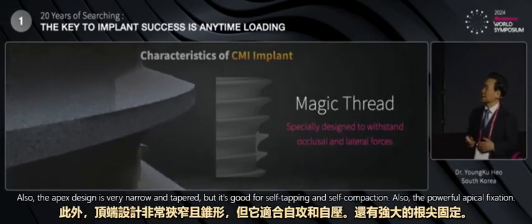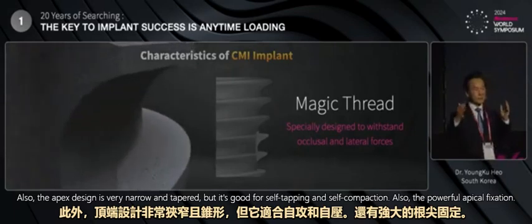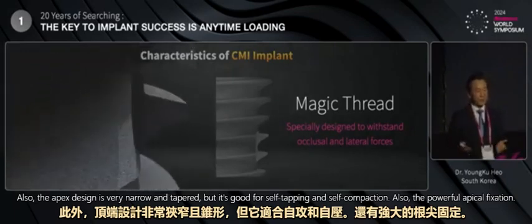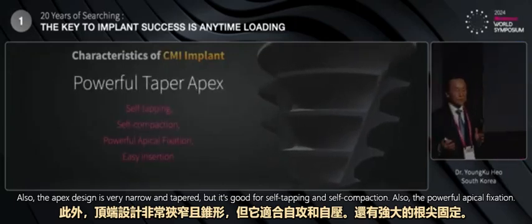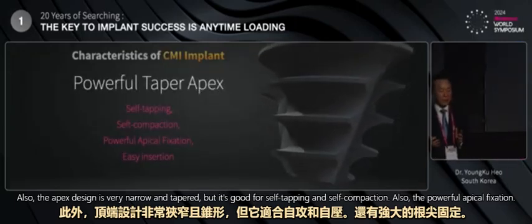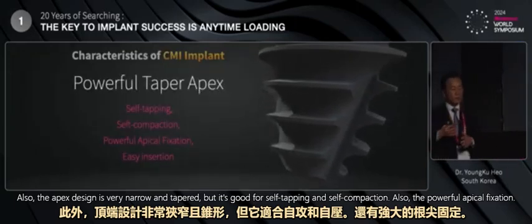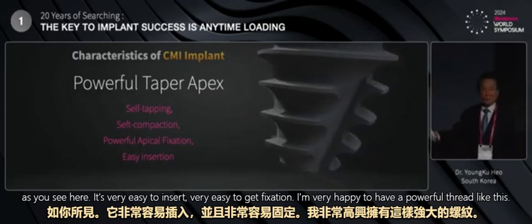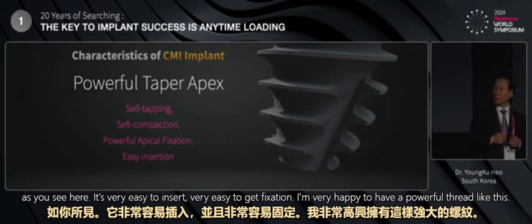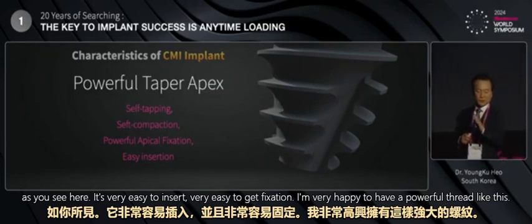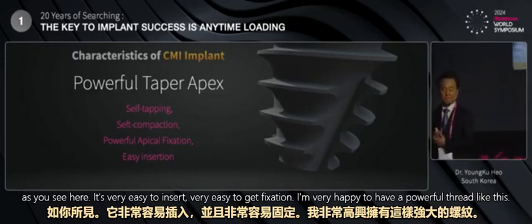And also the apex design, which is very narrow and tapered, is good for self-tapping and self-compaction, and also gives powerful apical fixation, as you see here. And also it's very easy to insert, very easy to get fixation. I'm very happy to have a powerful thread like this.